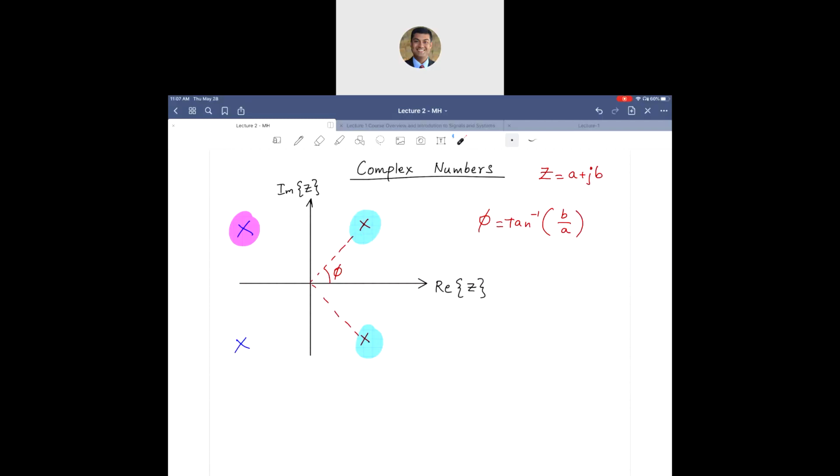So you'd have to add pi or subtract pi. This way, you can come to it this way, or you can come to it that way. So instead of thinking about it mechanically and plugging complex numbers into the calculator, I would recommend you first think about which quadrant the number lies in, and then adjust that angle by adding or subtracting pi.